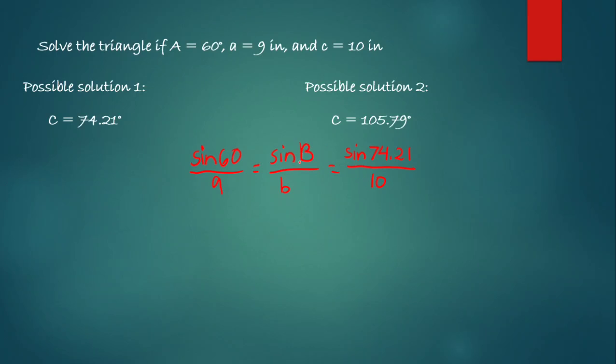We're going to now look for angle B, and how we're going to do that is by adding 60 and 74.20, which is 134, and subtracting it from 180 equals 45.79. Angle B is equal to 45.79 degrees.